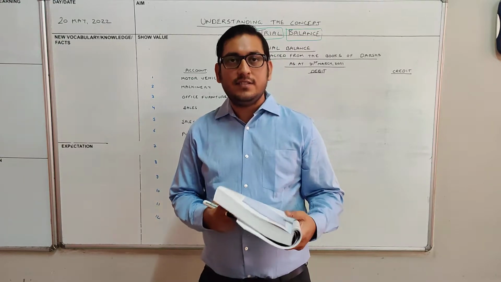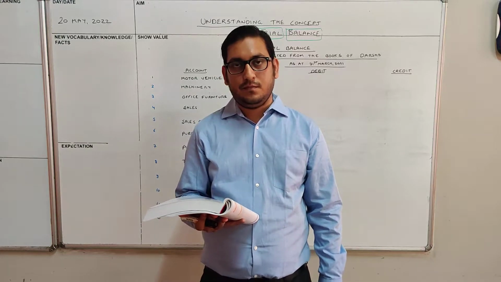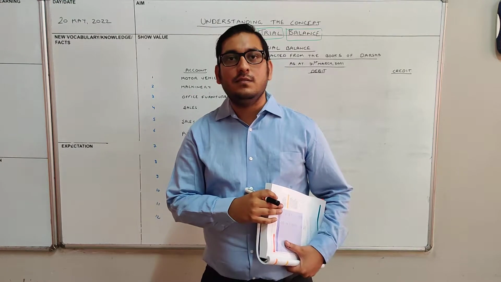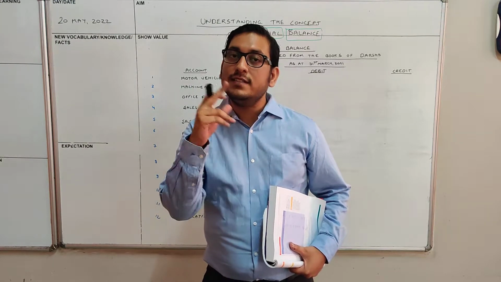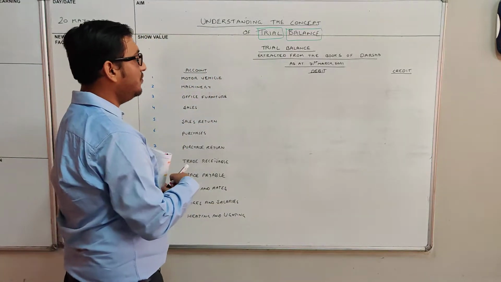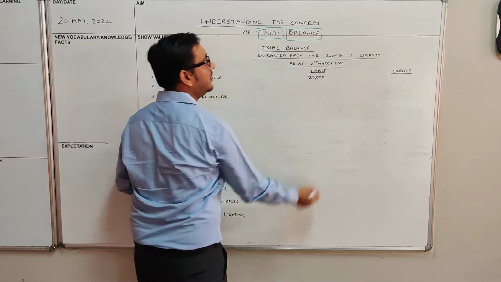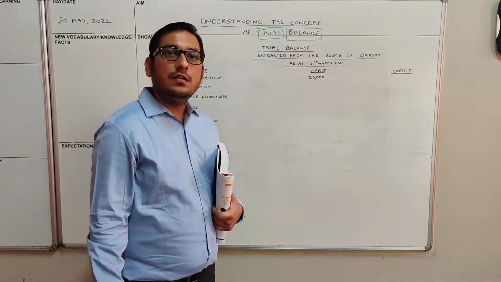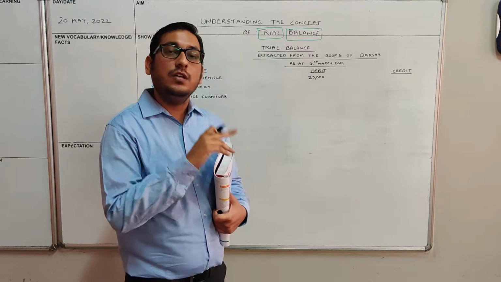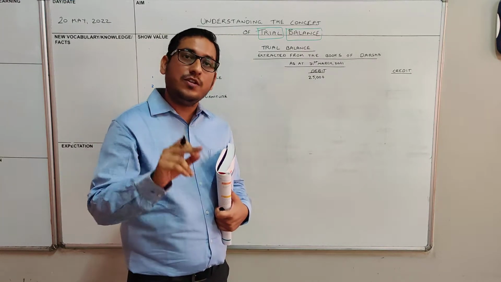Now we shall understand. The first point is motor vehicle. What is the nature of motor vehicle? Motor vehicle is an asset. What is the nature of assets? Debit. So the balance of motor vehicle, 25,000, will be written under the debit side. If you want to learn this concept, please pause this video, read all the points, and try to figure out whether each comes under the debit side or credit side.